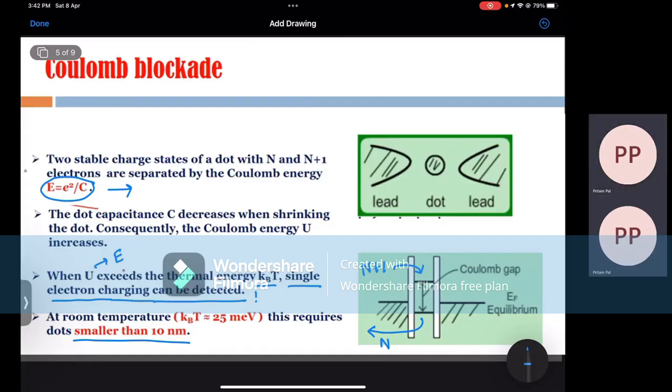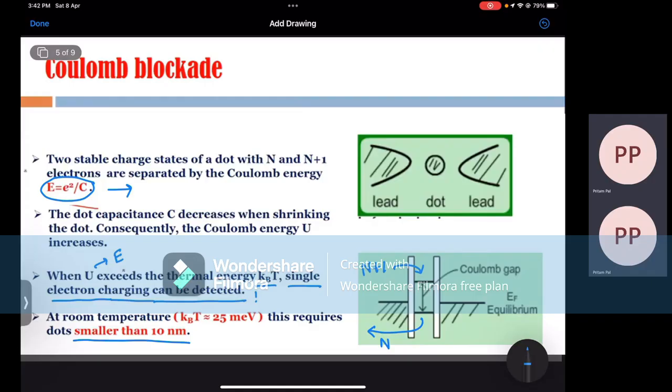It is achieved when we increase this Coulomb energy beyond this thermal energy. And that is possible when the dimensions of the quantum dots are less than tens of nanometer. So at that time, this kind of Coulomb blockade is created.